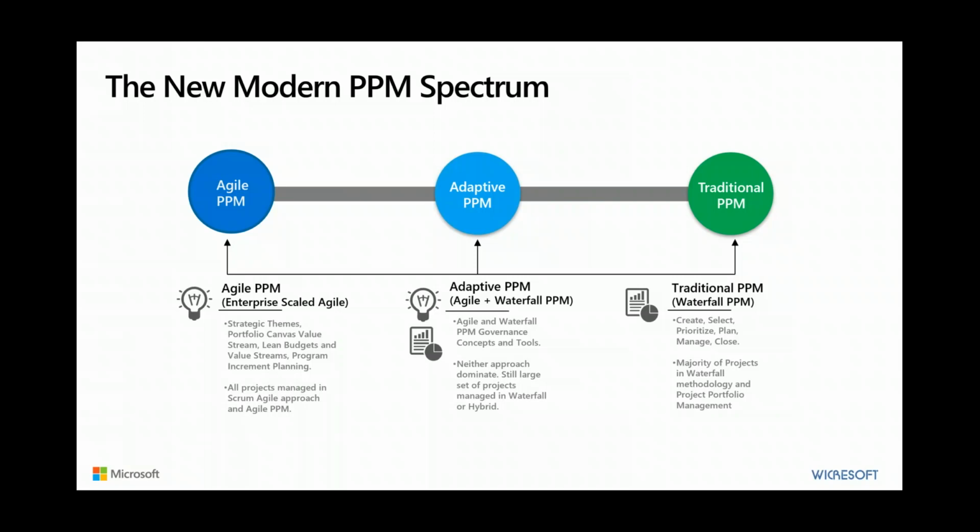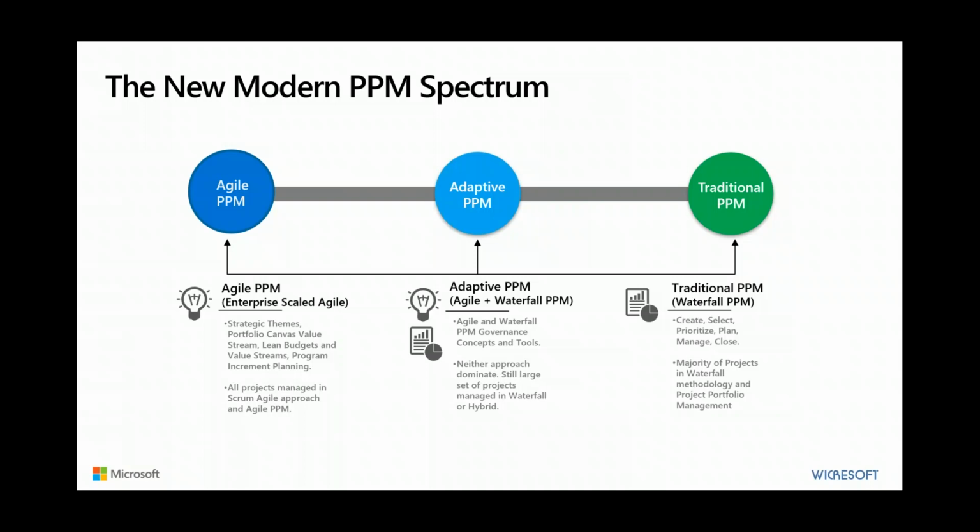On the left, you've got the Agile PPM, where people are doing agile transformations, and they have visions of becoming a fully agile organization where they're doing everything agile, and they're using enterprise-scaled agile methods like SAFe and other things like that. And while that's a great ideal, some organizations may find that it takes them a while to get there from traditional. It may take years to do that.